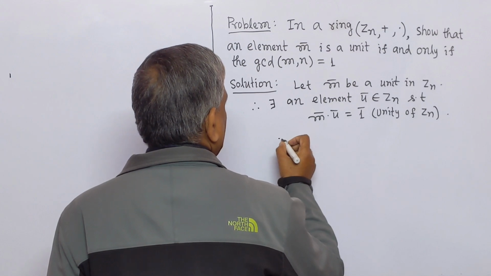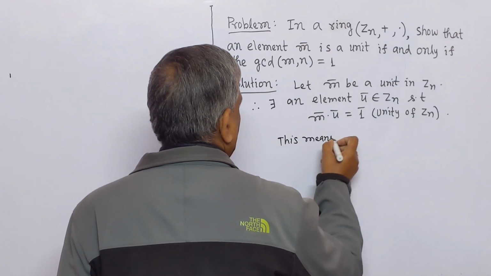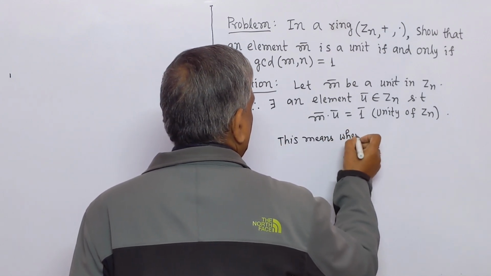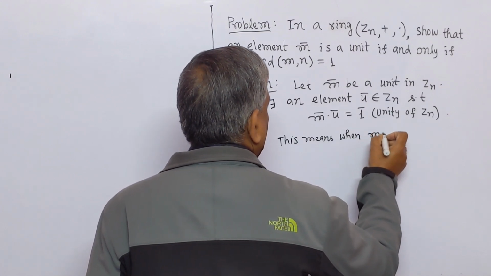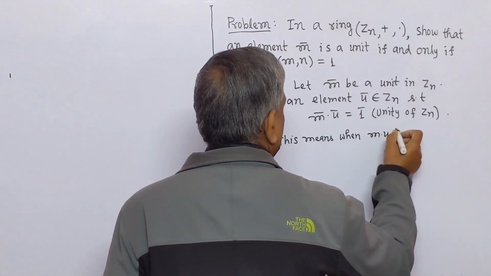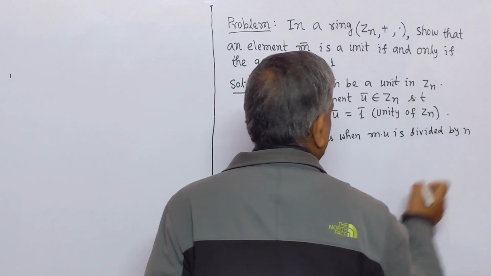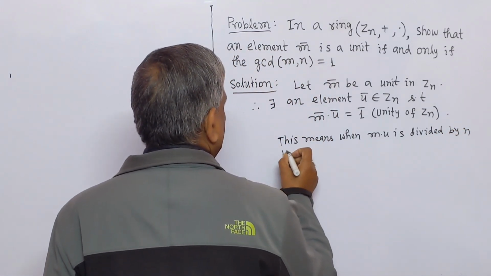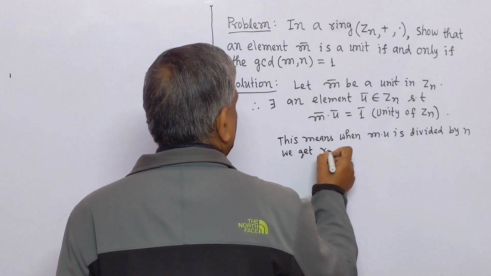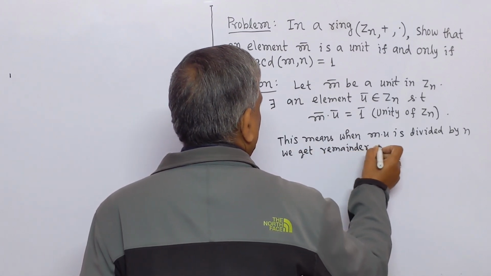This means when m multiply u is divided by n, we get remainder 1.